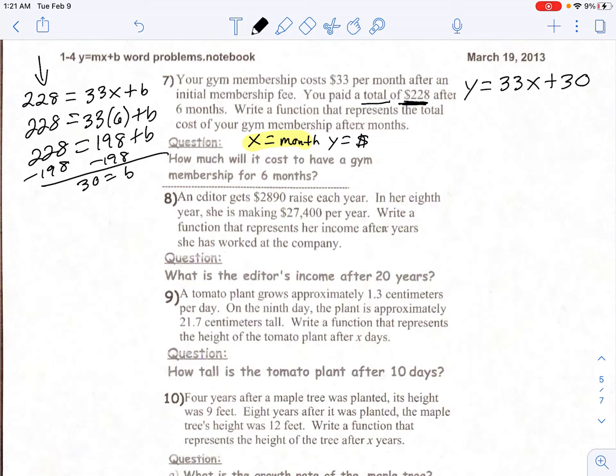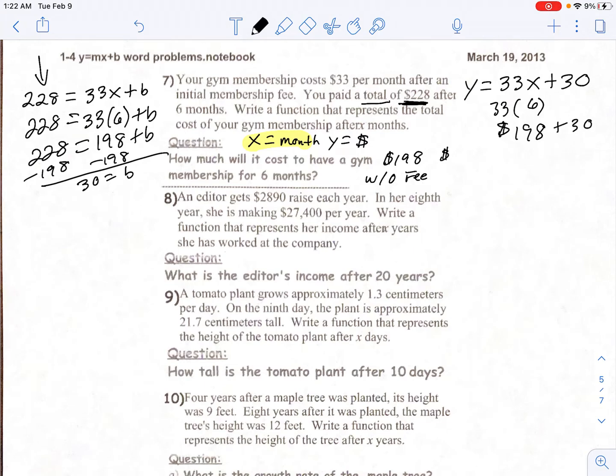It's kind of dumb. So what I'm going to give you is the answer of the cost for 6 months with and without the fee. Obviously, if you plugged in the 6 right here, we just did that. So 33 times 6 is $198 without the fee.